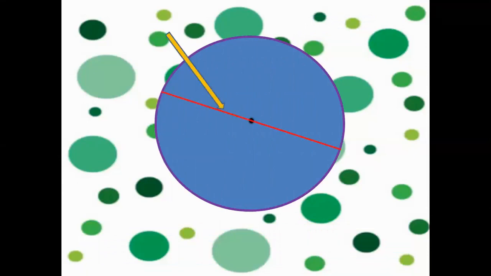What part of the circle is this arrow pointing to? Good job. A lot of you would have said diameter. Diameter is correct.